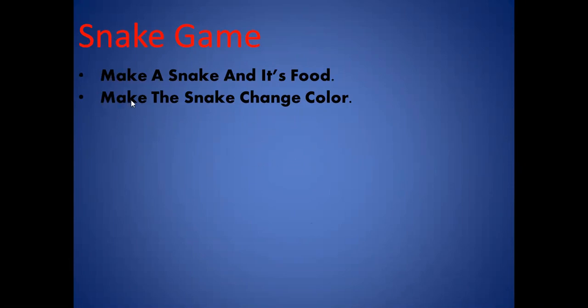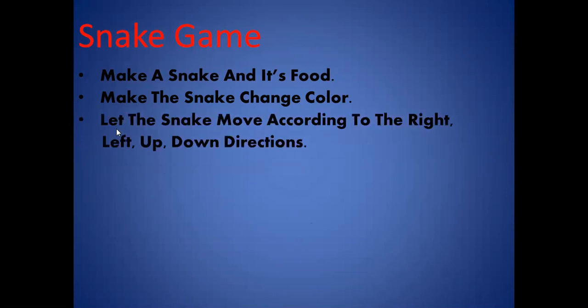The second thing which we'll make is that the snake will change colors whenever we click a button, and then we will make the snake move right, left, up, and down according to the arrows.